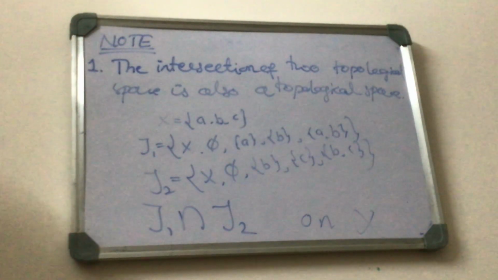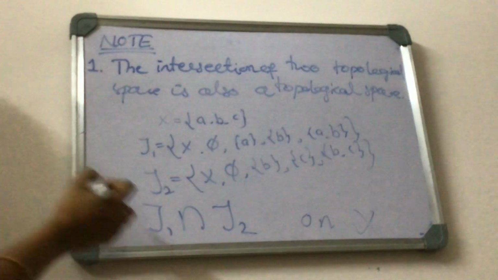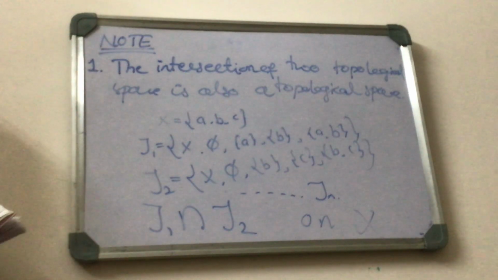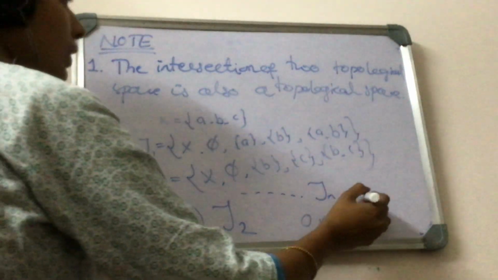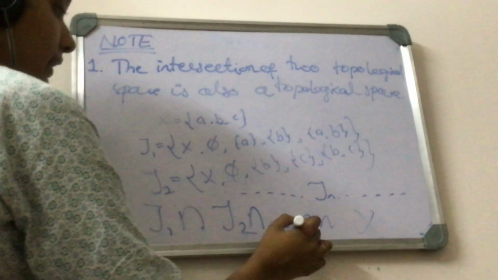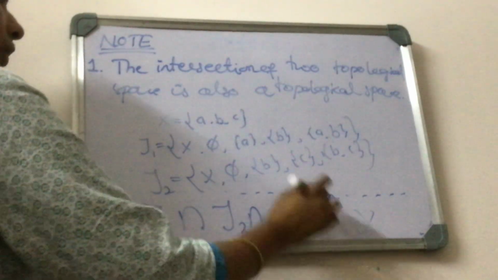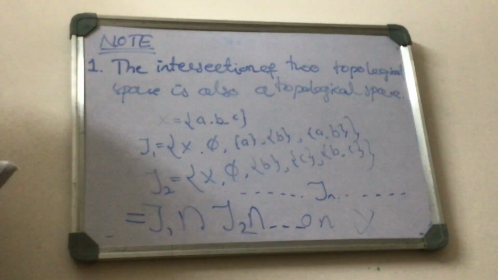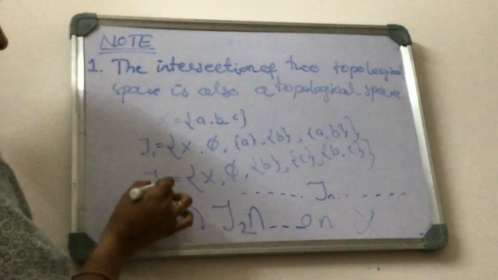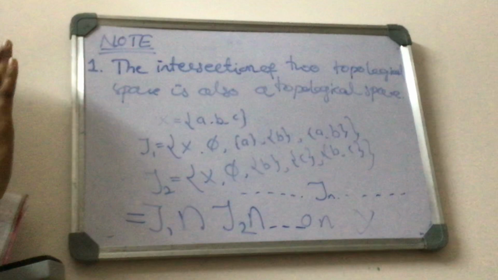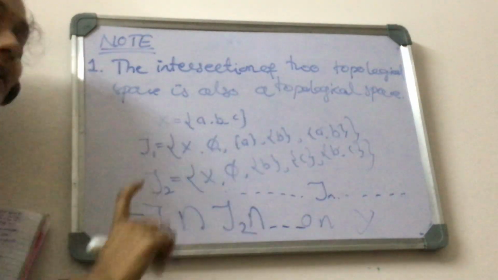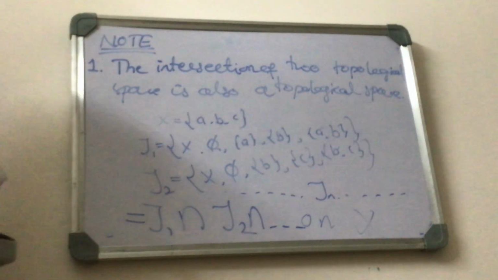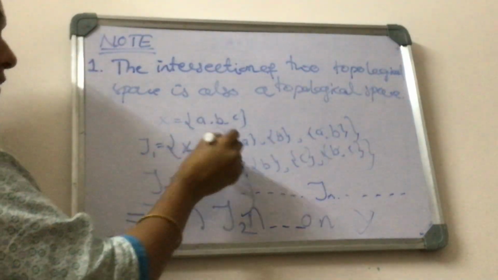If you take any collection, not just tau 1 and tau 2, even if you take up to tau n and so on, and you take the intersection again, that intersection is also a topology on X. Why? Now if tau 1, tau 2 and so on are all topologies, their sets are all different, but X and phi are common in all the topologies. So X, phi will always be there in the collection of every topology.